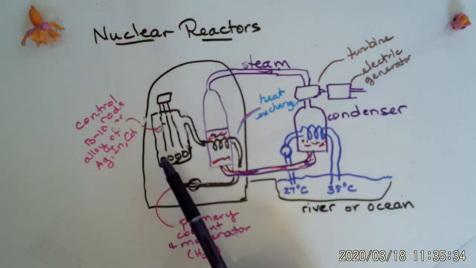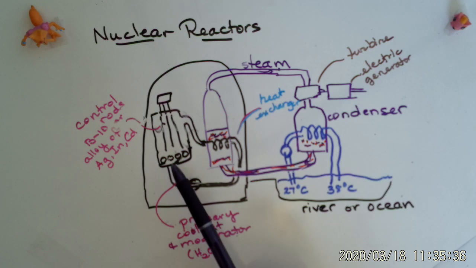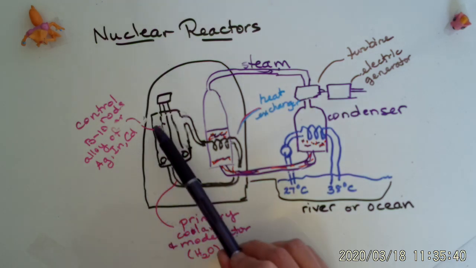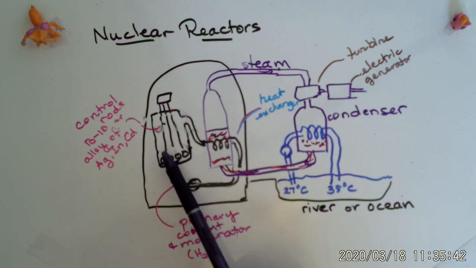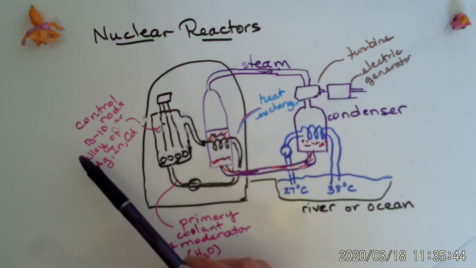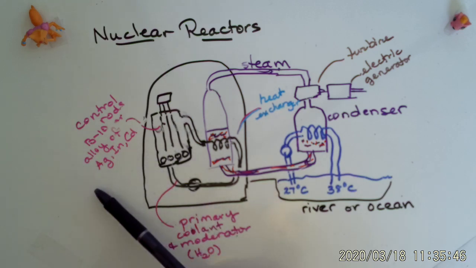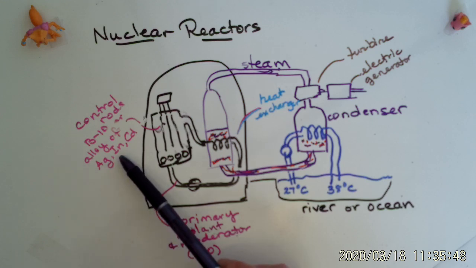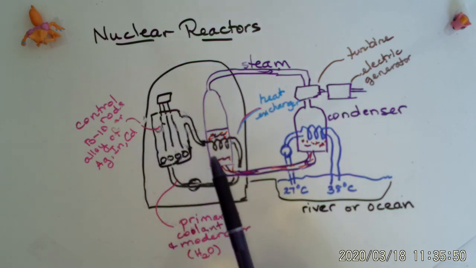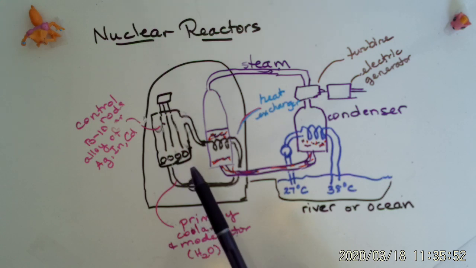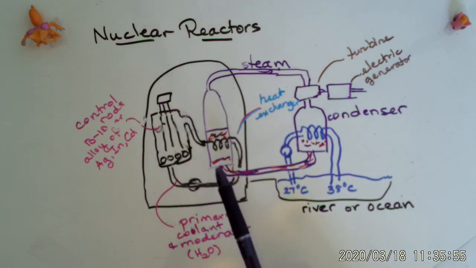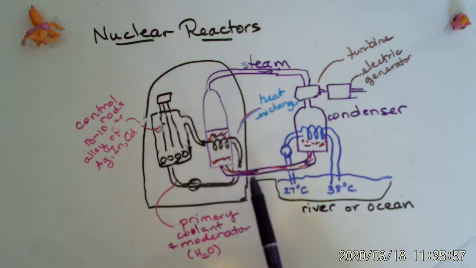So we have basically uranium-235 fuel cells, and then from there we have what we call control rods. The control rods are either boron-10 or an alloy of silver, indium, and cadmium. What they do is absorb excess neutrons.